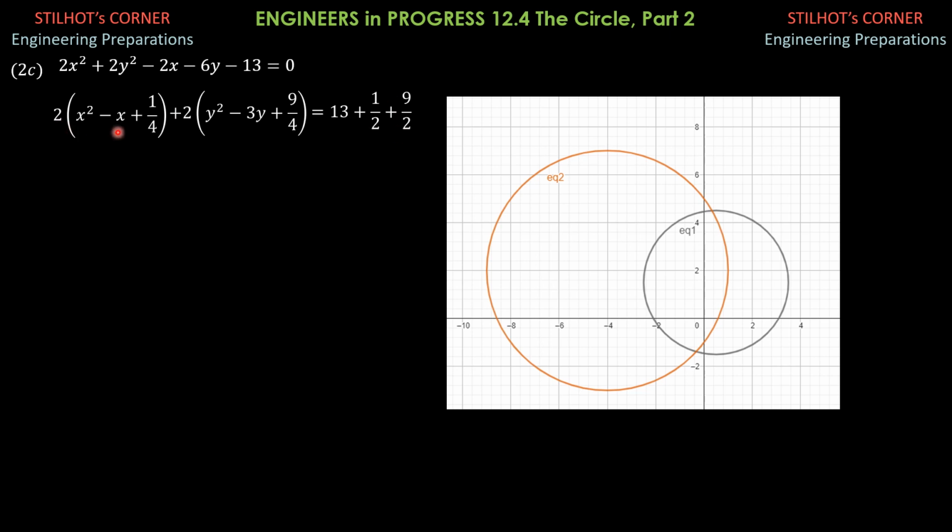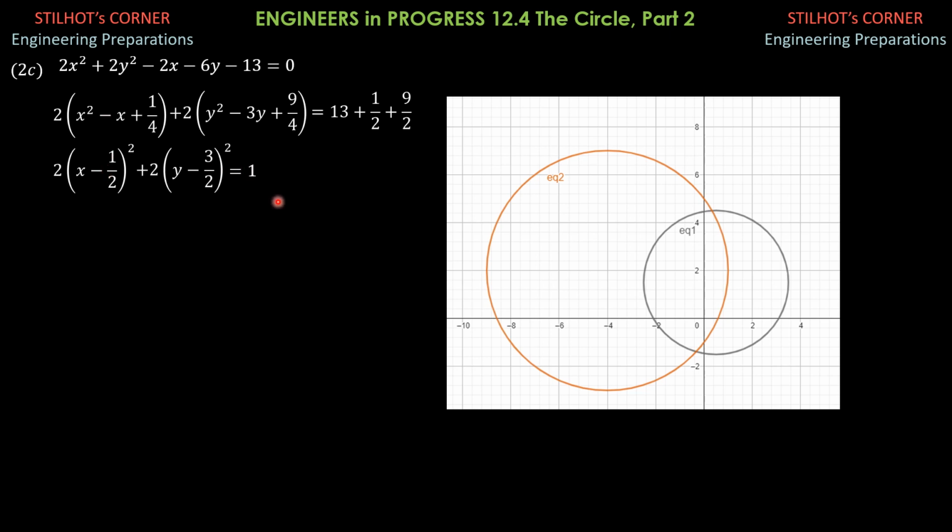So 2 times quantity x minus 1/2 squared plus 2 times quantity y minus 3 halves squared. The square root of 9 over 4 is 3 halves, minus because the middle term is negative. Same is true with that. The square root of 1/4 is 1/2, and the sign is the sign of the first degree term, so negative.